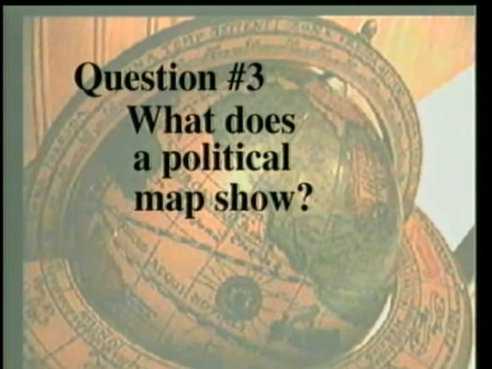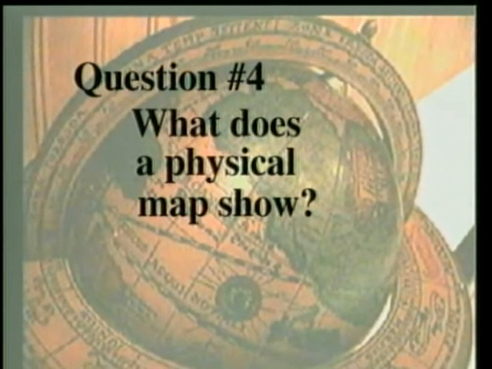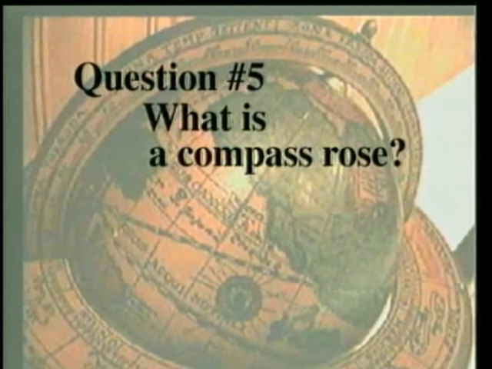What does a political map show? 4. What does a physical map show? 5. What is a compass rose? 6.